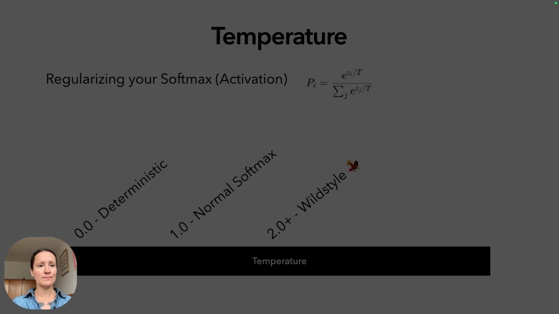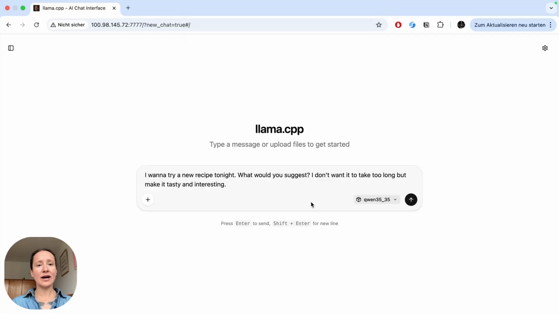Let's play around. Okay, now I'm in my Llama CPP. This is the front end that gets launched when you're running Llama CPP servers. I just wanted to show you a different view of Llama CPP today than in the terminal or in a Jupyter notebook. I have my initial prompt here: I want to try a new recipe tonight. What will you suggest?